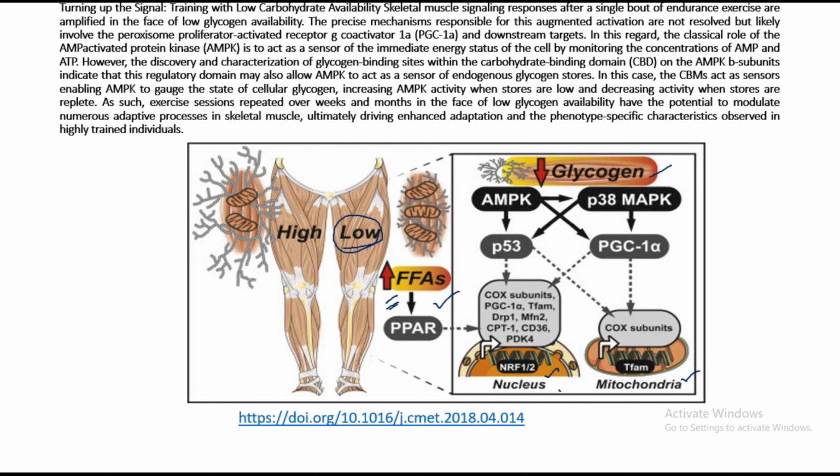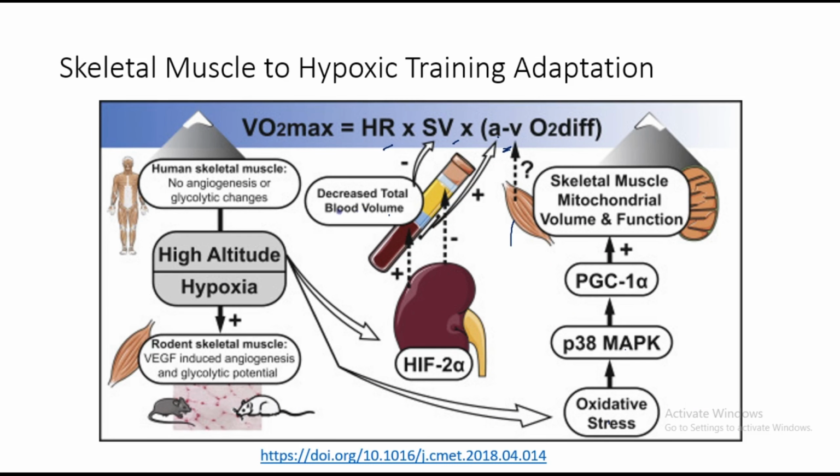So this slide shows how the skeletal muscle undergoes adaptation to hypoxic training. High altitude exposure of the skeletal muscle or an individual increases hypoxia inducible factor and enhances oxidative stress. These two factors facilitate enhancement of skeletal muscle mitochondrial volume and function, so that ultimately the skeletal muscle tries to absorb more oxygen and facilitates more work output.